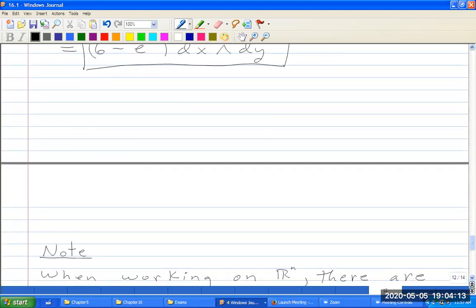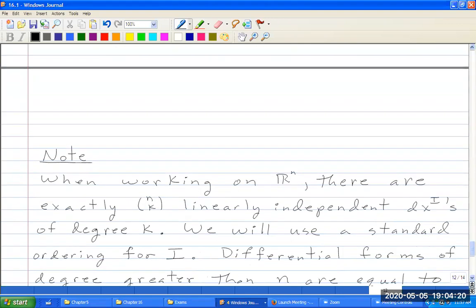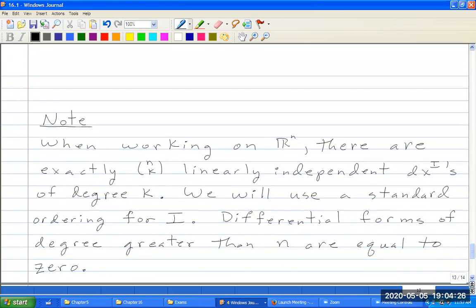Next. Notice that when working on Rn, there are exactly n choose k linearly independent d sub i's of degree k.